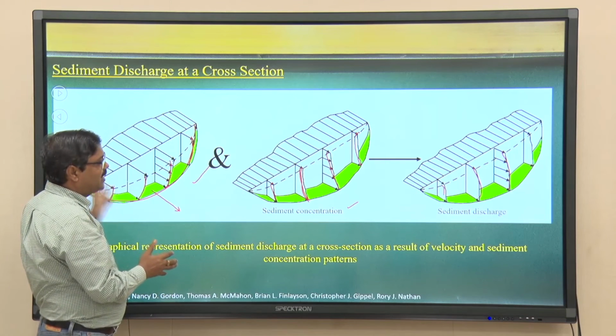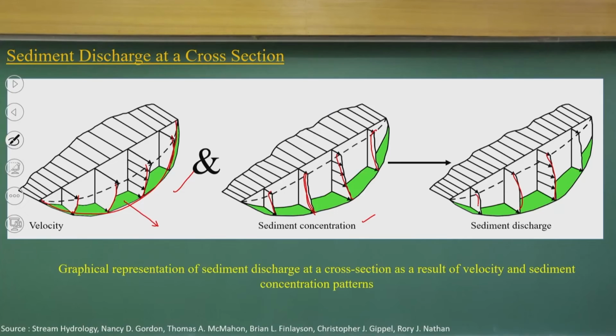When you talk about channel flow, we typically see very simple diagrams, but when you come to a river, there are spatial variabilities in velocity distribution, in sediment concentration, and also in sediment discharge. That is the knowledge we should have, and we should try to understand how this happens.